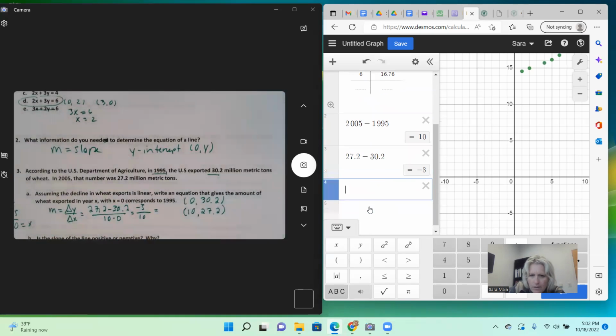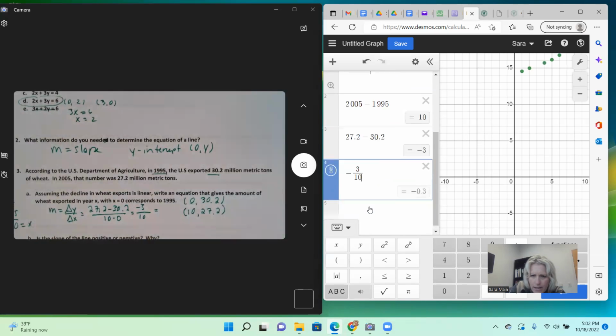So a negative 3 divided by 10. So my slope is a negative 0.3. So our equation is equal to negative 0.3x plus 30.2.